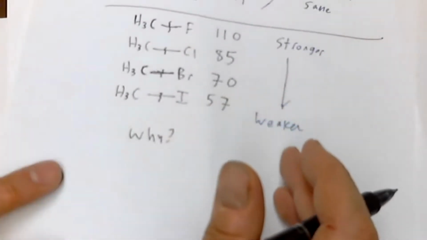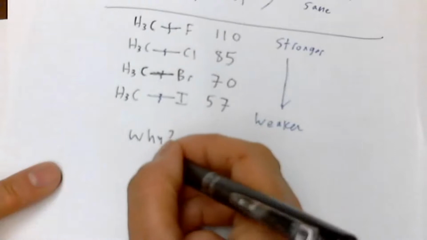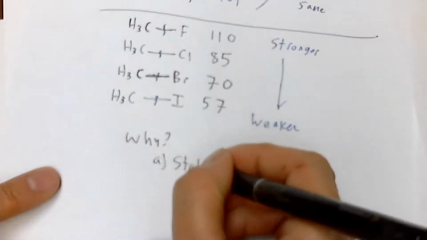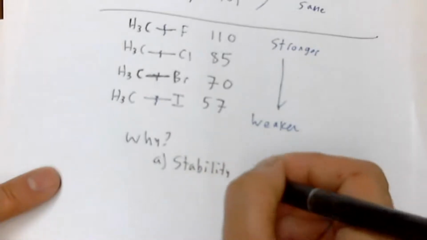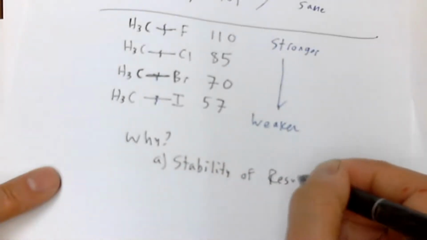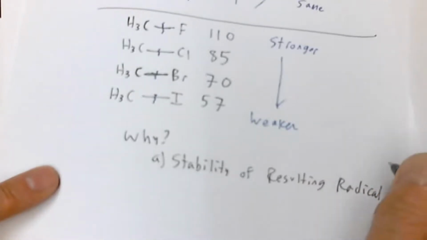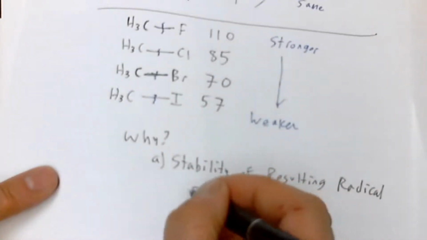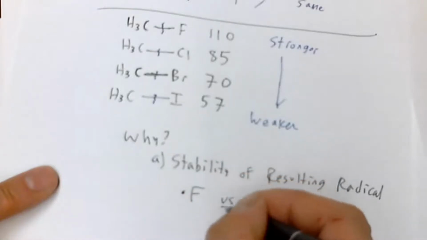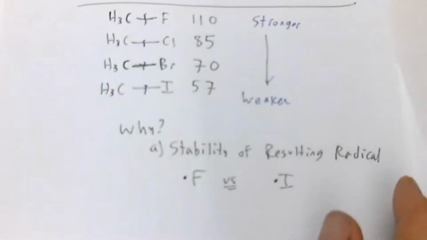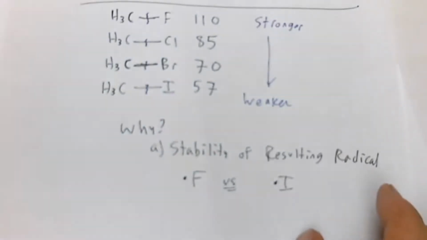Most likely, one way to think about it is the stability of the resulting radical. So F dot versus I dot, because those are what's formed when the bond is broken.